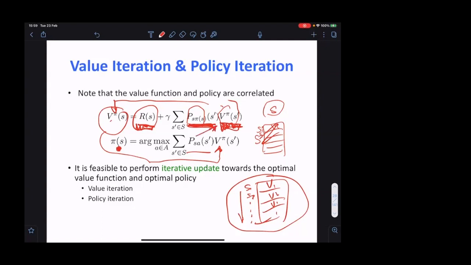You could do the update iteratively, or only update at the end. Once you have this new updated table, you go back to here again and do the update.